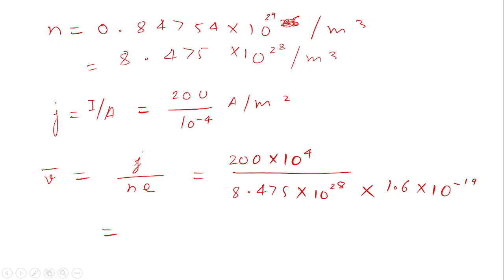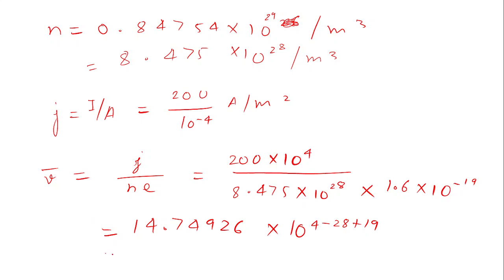When I calculate this, 200 divided by 8.475 divided by 1.6, it will be 14.74926, and the powers will be 10 to the power 4, minus 28 and plus 19. So this will be 4 minus 28 plus 19.